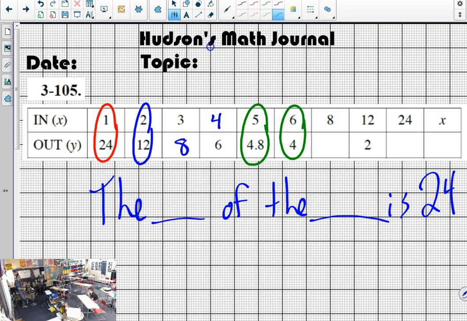And don't say the product of the x and y. We know that. So this is what Bougainville told us, right? The product between them is 24.